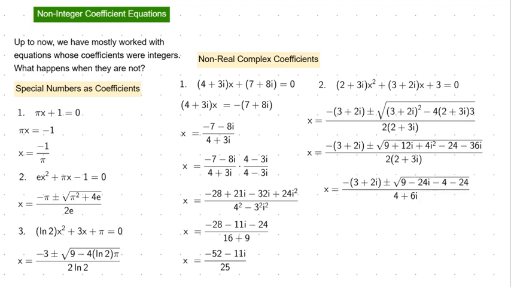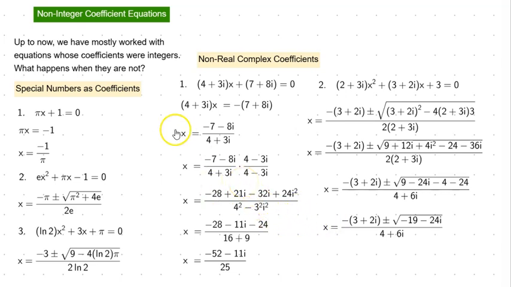Simplifying it, we get minus 3 plus 2i plus or minus square root of minus 19 minus 24i divided by 4 plus 6i. And again we can rationalize the denominator.